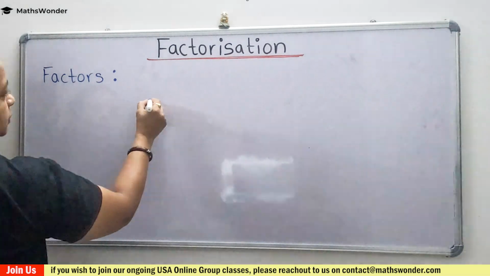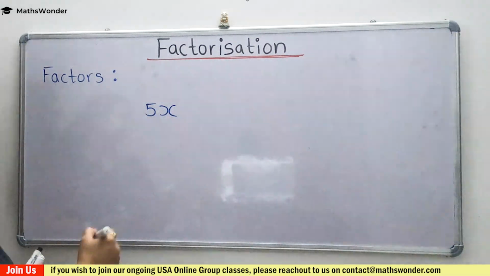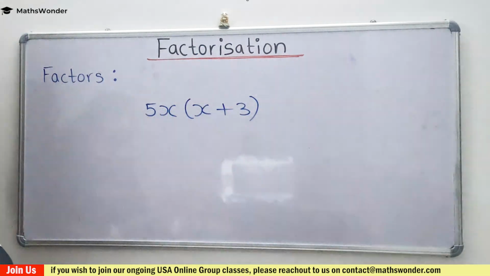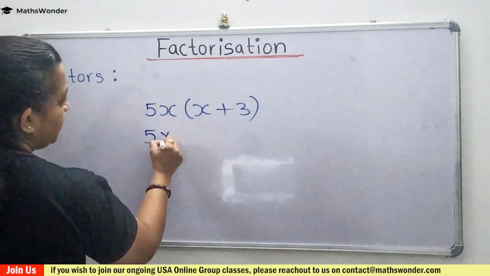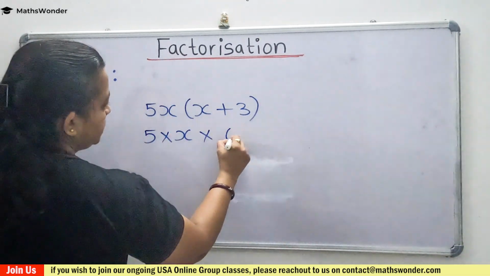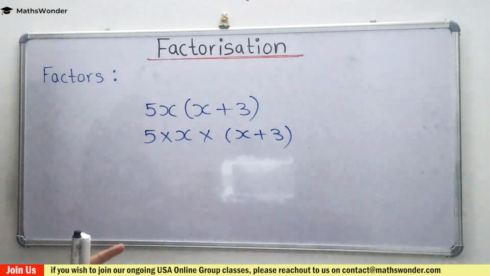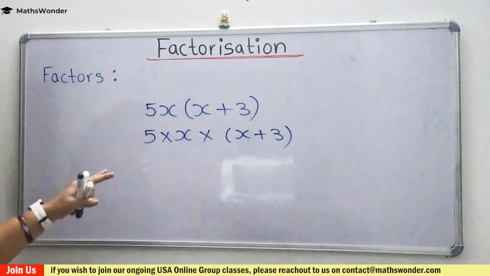For example, 5x(x + 3). How will you break it into factors? 5 times x times (x + 3), right? Factors means when you break your number or your algebraic expression like this.